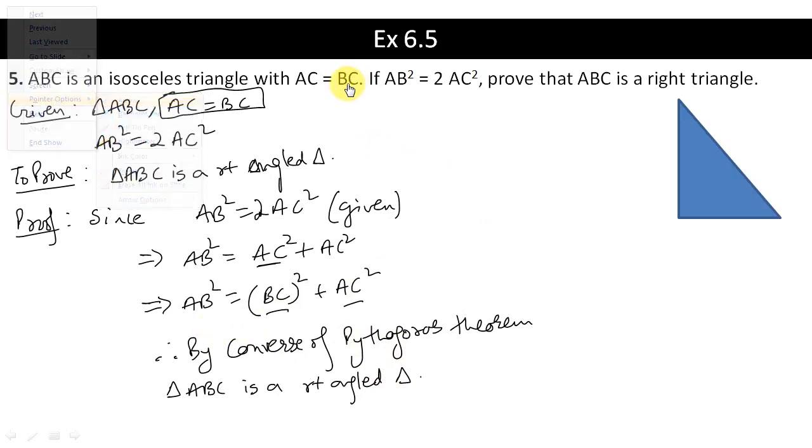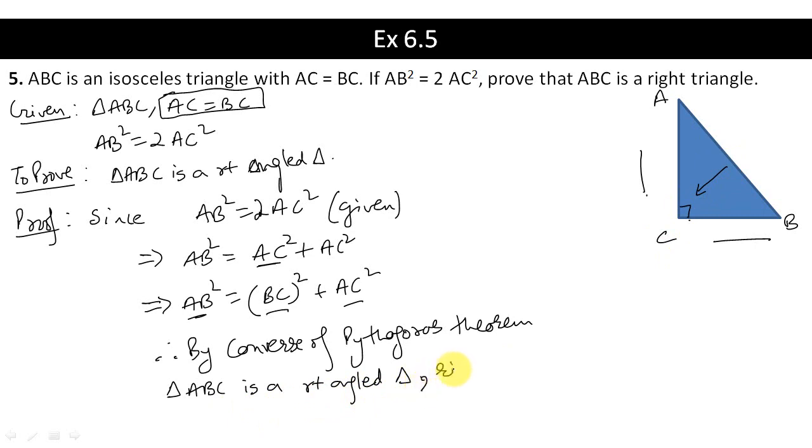Since AB square is equal to BC square plus AC square, AB will be the hypotenuse, and angle C, which is opposite to the hypotenuse, will be the right angle, because BC square plus AC square is equal to AB square. So the angle opposite to the longest side, that is AB, will be a right angle. So triangle ABC is right angled at C.